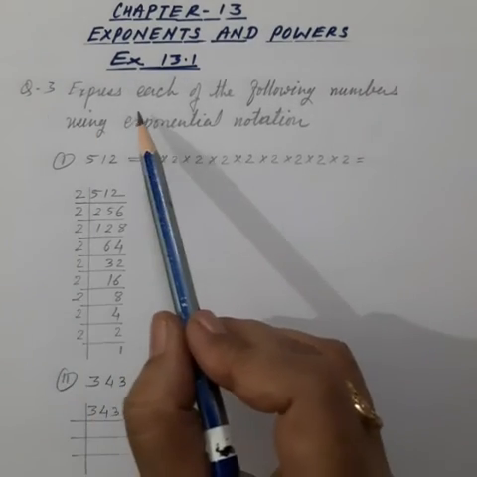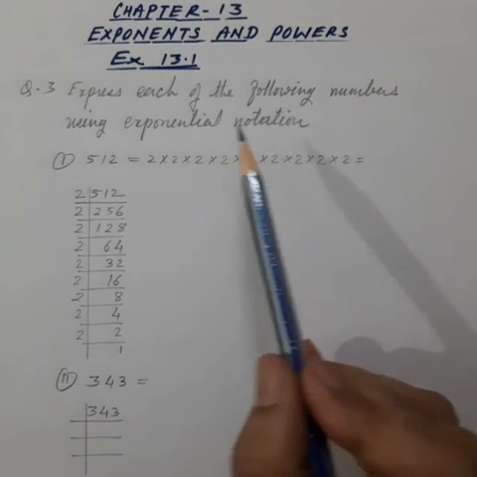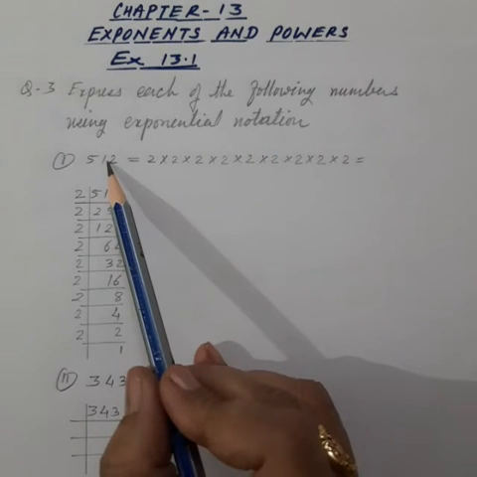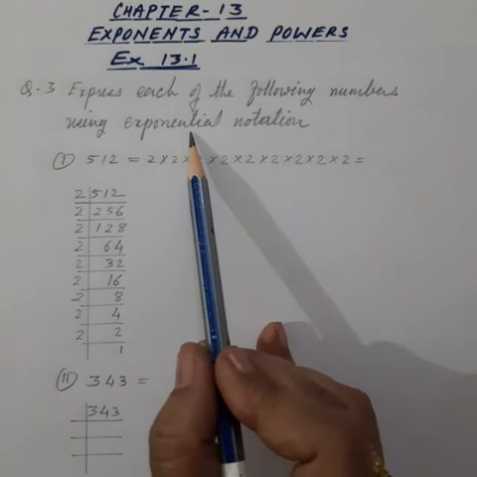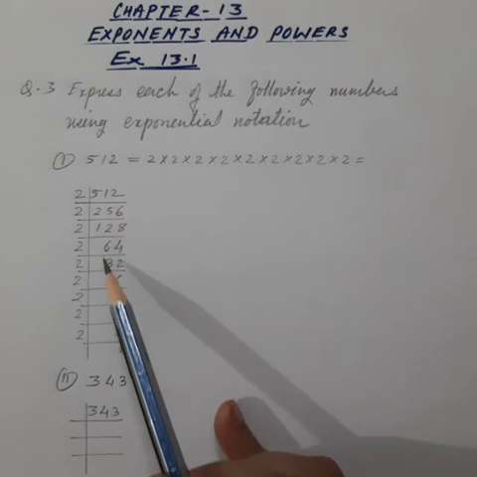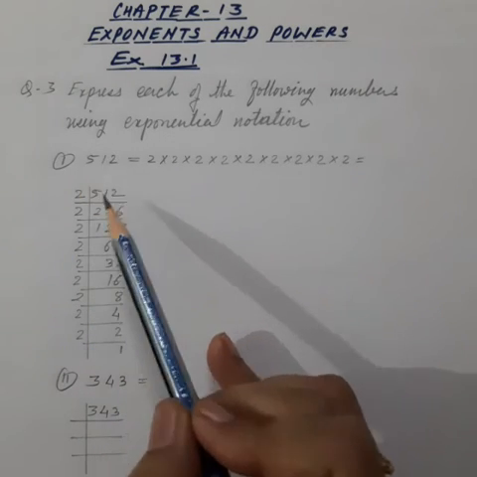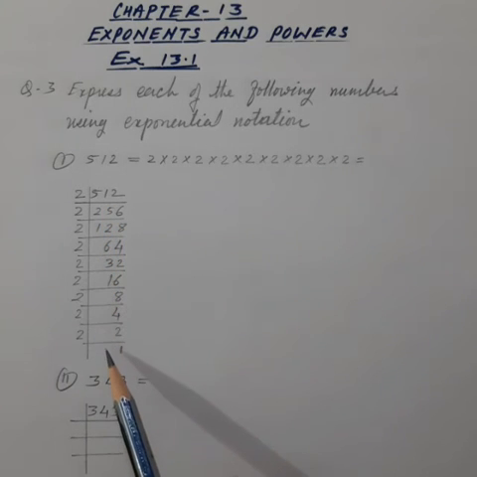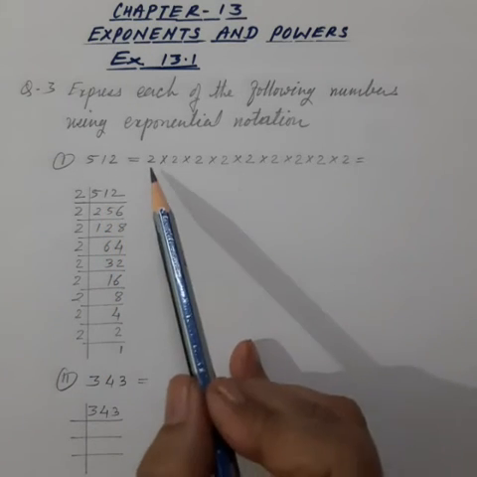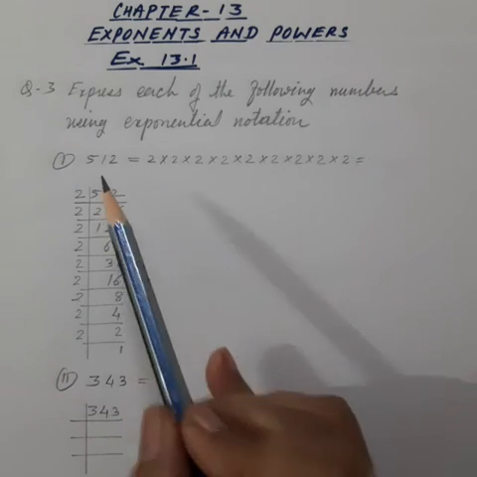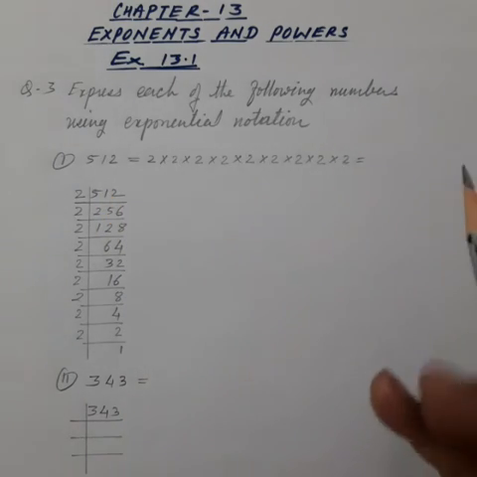Question 3. Express each of the following numbers using exponential notation. To express the given number in its exponential notation, first we have to find out its prime factorization. First, 512. The prime factorization of 512 we get like this. In this prime factorization of 512, number 2 is repeatedly multiplied.